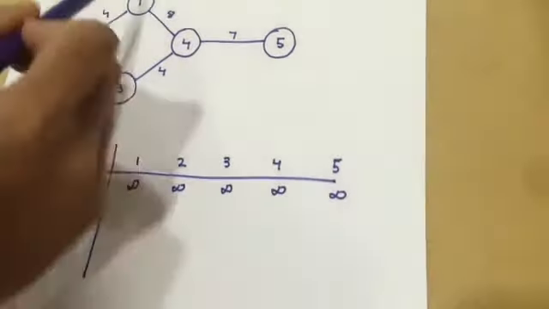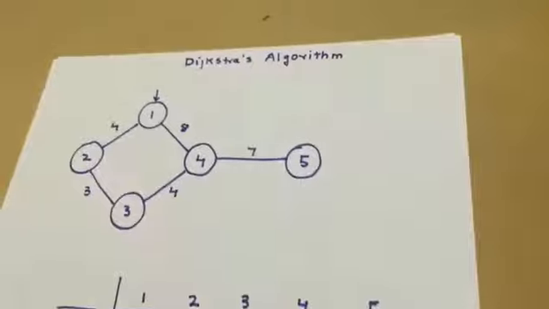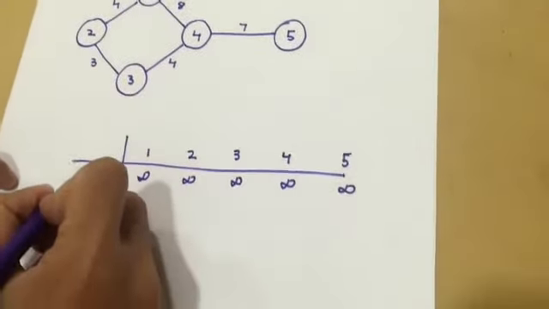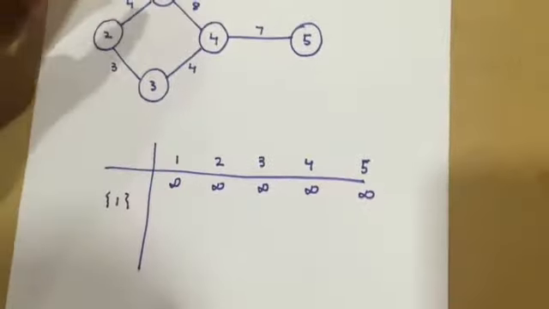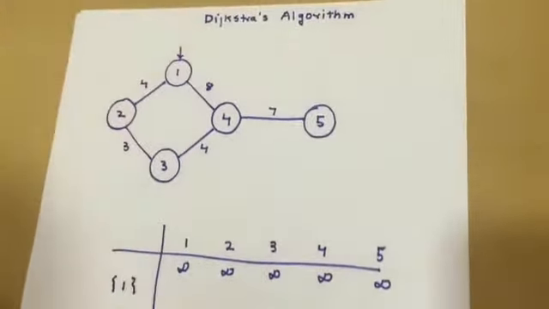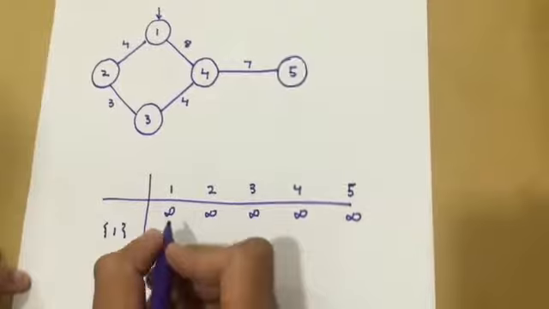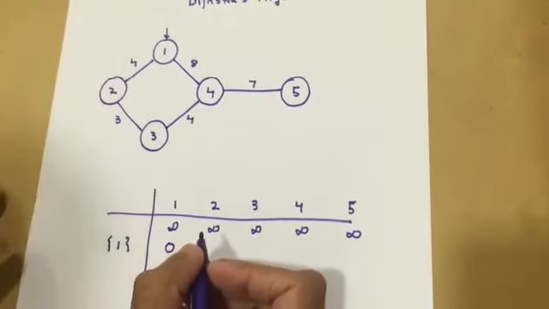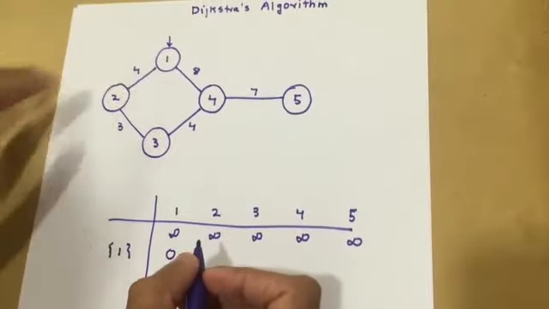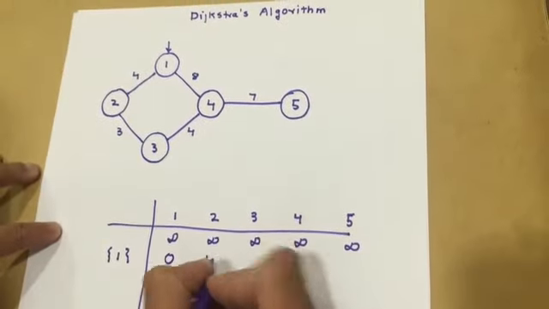Now suppose you want to start from the root node. If I start from the root node, initially I'll start from 1, which means I am present at 1. So if I am at 1, then my distance from 1 will be 0. From 2, since 1 and 2 are connected, the distance will be 4.